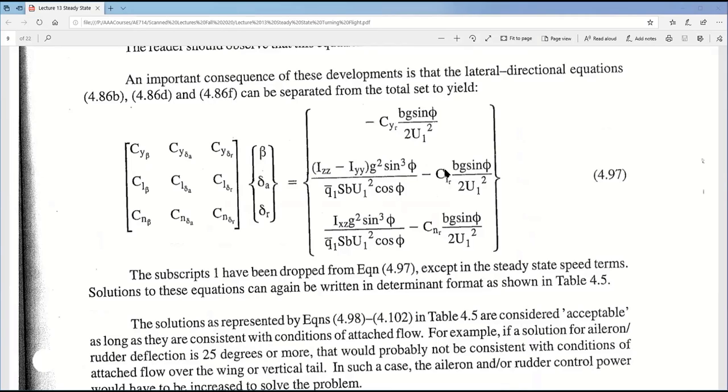So let's recap. We went back to chapter 1 and got the steady state equations that are good for every steady state flight condition. We specialized them for turning flight, which meant that P1 is 0, but then for Q1 and R1, there's a yaw rate and a pitch rate as the airplane goes through the turn.